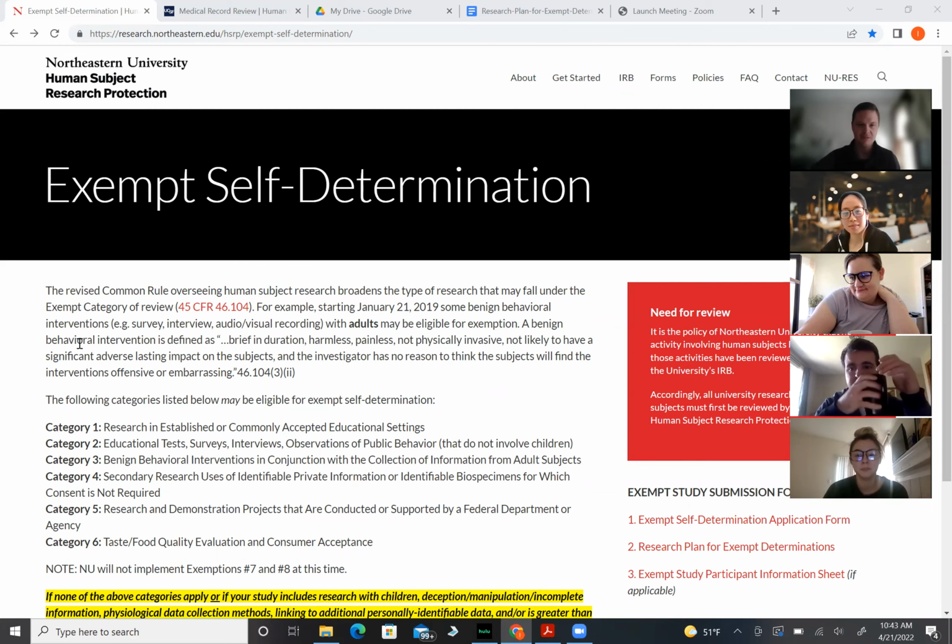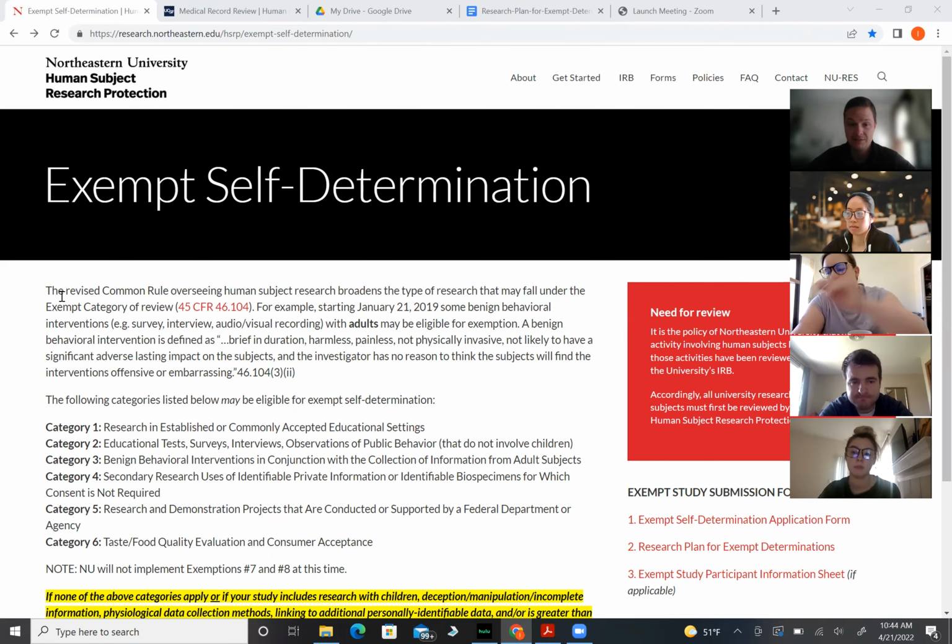Okay, so we'll start off with Northeastern's website, their human subject research protection page. Our research is a little different. One of the first comments that Dr. Pierce made on our methods section was that the process for consent for medical records is different than the conventional practice.